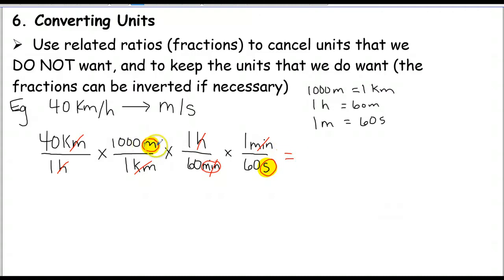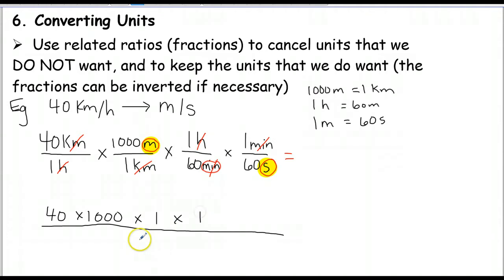Once you've gotten to the point where you know you've got the units you need, you can look at this in a couple of ways, and this probably is the easiest way. You can look at this as one whole big fraction line, in which case you're just taking all the numbers on the top and dividing it by the multiplying of all the numbers on the bottom.